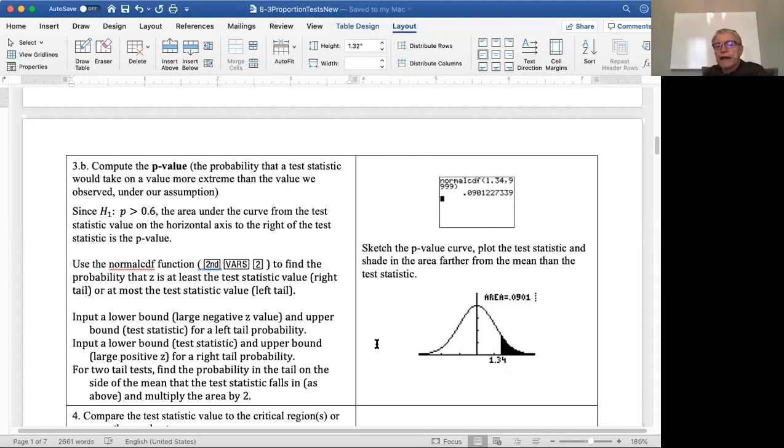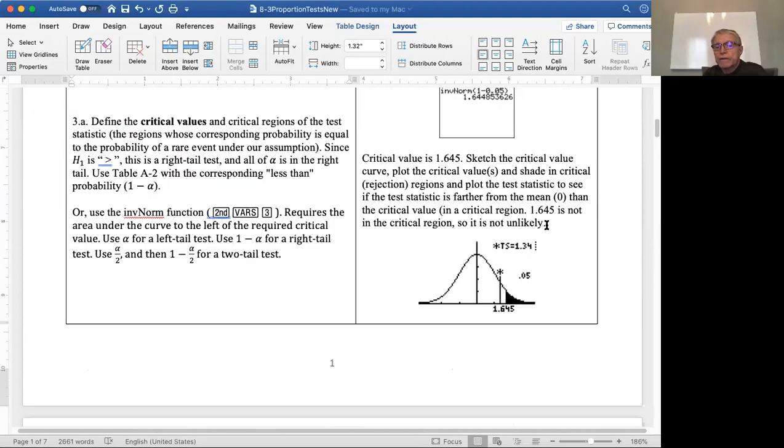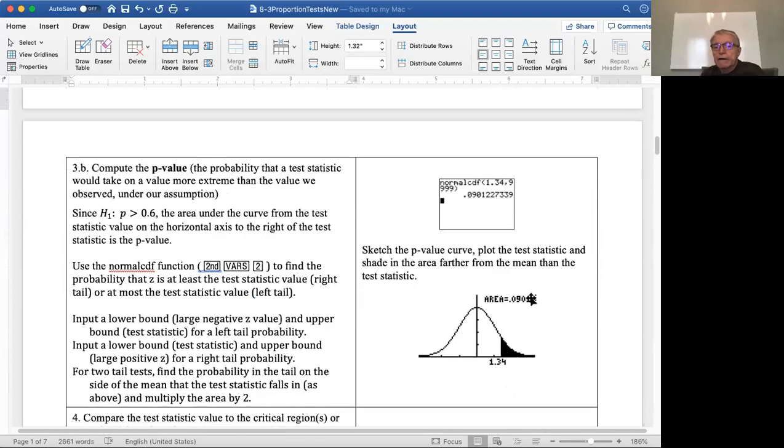So we've got our critical values, and we looked at where the test statistic fell relative to that critical value, and whether it fell in the rejection region, meaning farther from the mean than a particular critical value on that side. Then we're determining the size of the p-value, and we compare that to alpha. And remember the rule for rejecting: if the p-value is less than or equal to alpha, we will reject the null hypothesis.